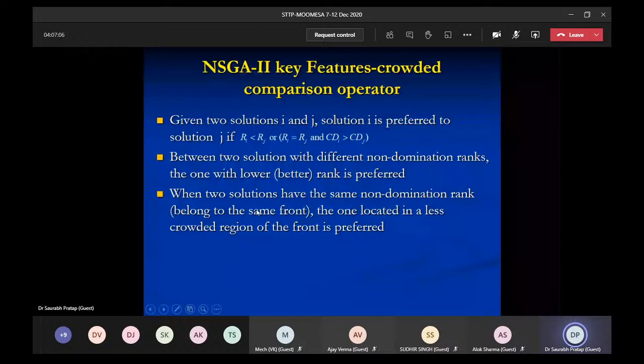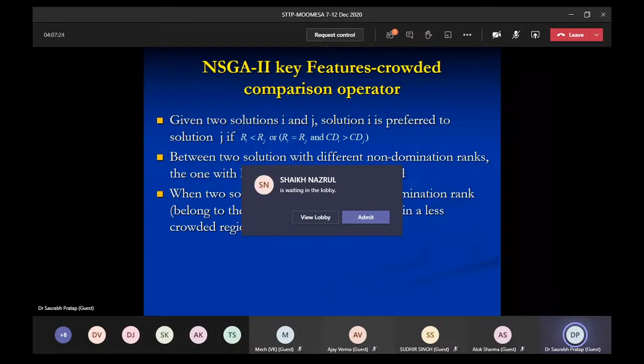Now, given two solutions i and j, and solution i is preferred to solution j, we have different Pareto fronts, so we have to compare, and on the basis of that we have to get the best fitness value, which pair, which crowded population is giving the best solution, and we have to select that.